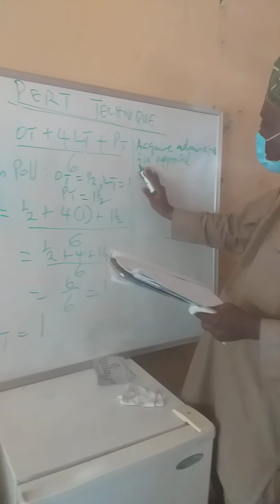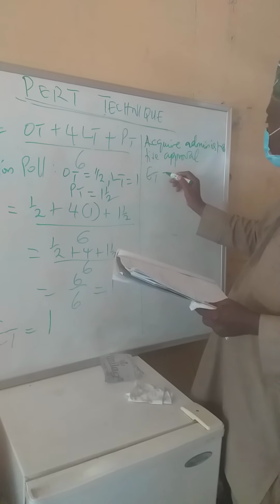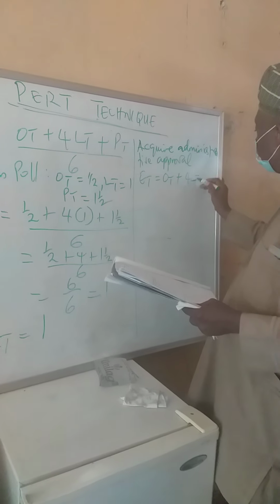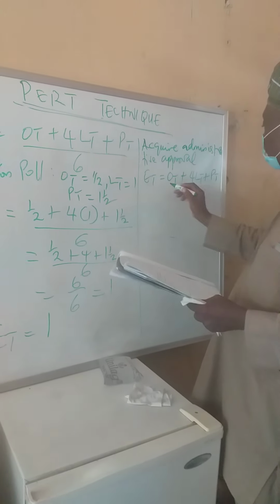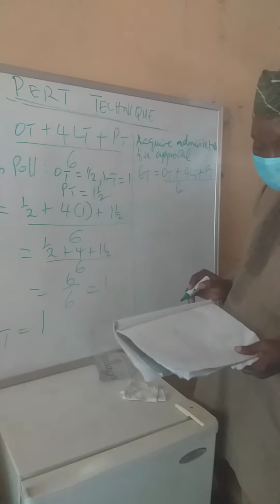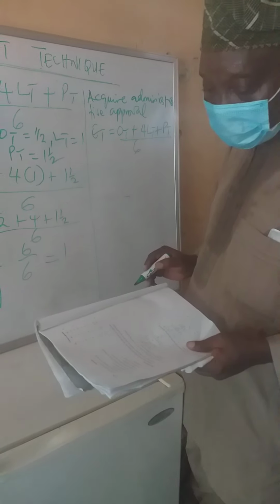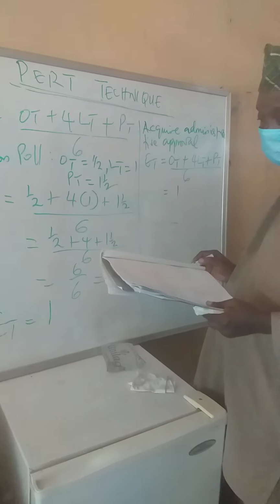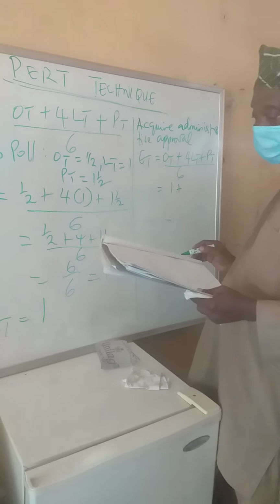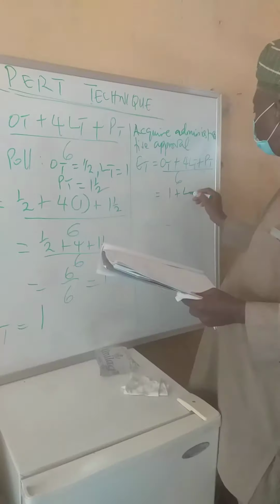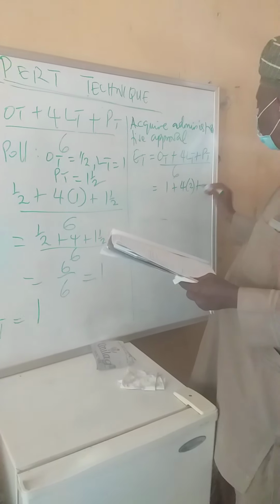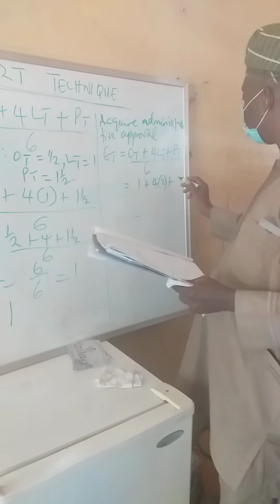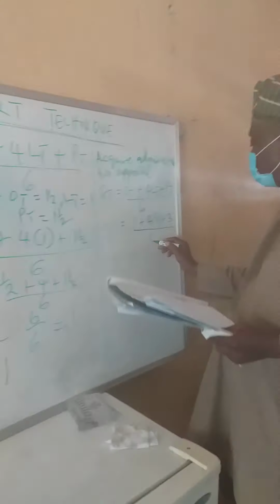So, as usual, our ET is OT plus 4LT plus PT all over 6. From the table, OT is 1 plus LT is 2, 4 times 2, plus PT is 3, everything divided by 6.